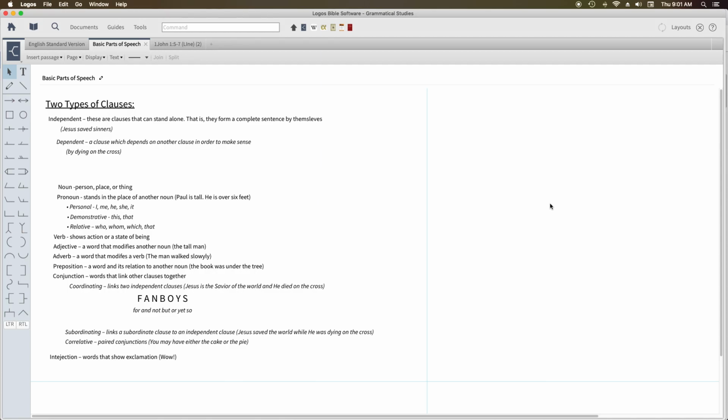Then you have relative pronouns. Now, relative pronouns are kind of like personal pronouns, but a little bit different. The best way to understand a relative pronoun is that it's relative to the person or to the thing that it's talking about.